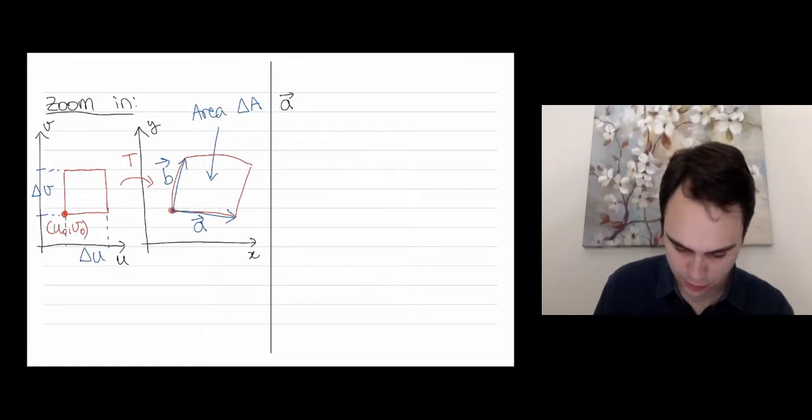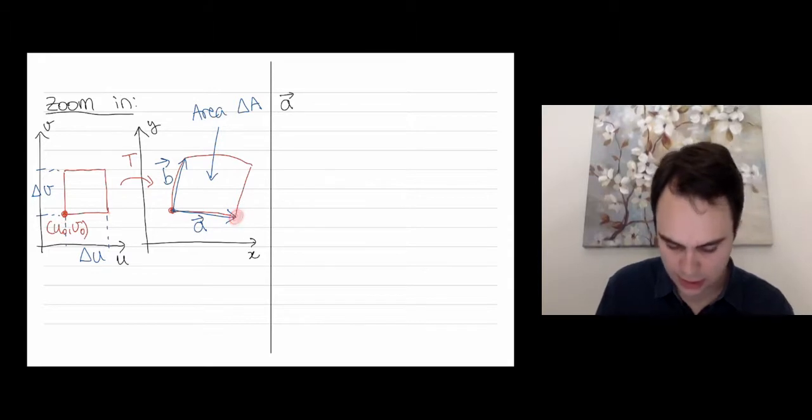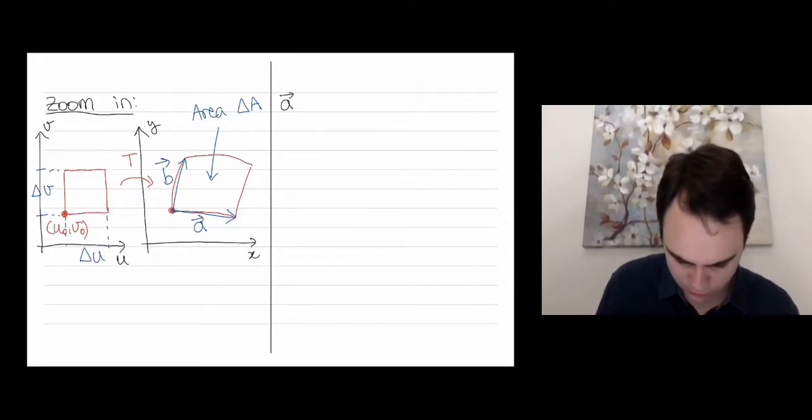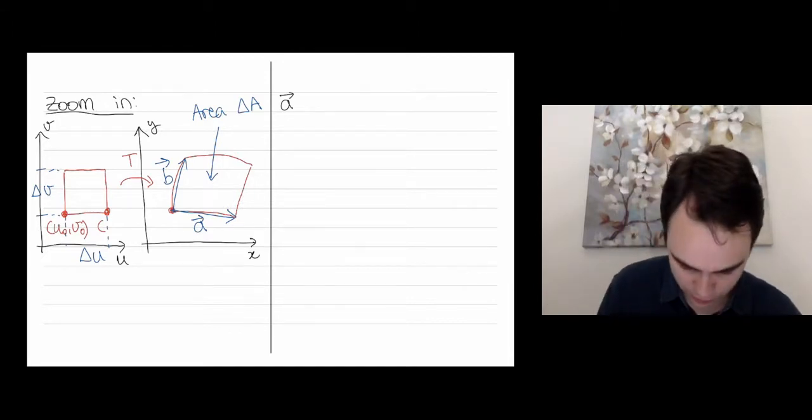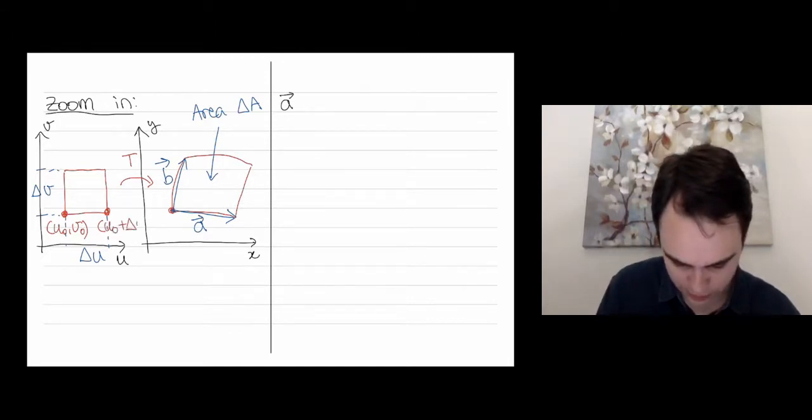This point corresponds to u0, v0, and this other point is the point in the xy plane that corresponds to this point over here. Let me write the coordinates for this other point. This one is at the same height, still v0, but the u value is different: it's the original u value plus delta u, and the height is just v0.